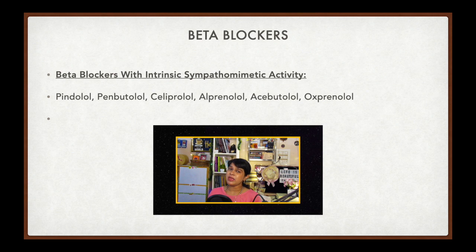But they have limited use in angina. They are not very useful in angina, and they can also cause stimulation of the heart by stimulating the beta-1 receptors. And what are these drugs? These drugs are pindolol, penbutolol, alprenolol, acebutolol, celiprolol, oxprenolol.